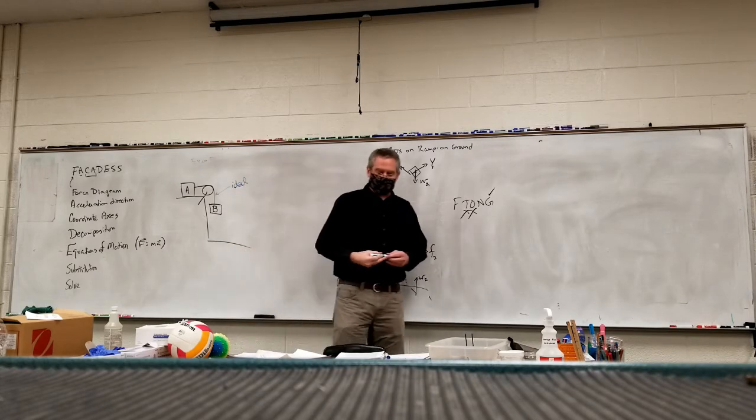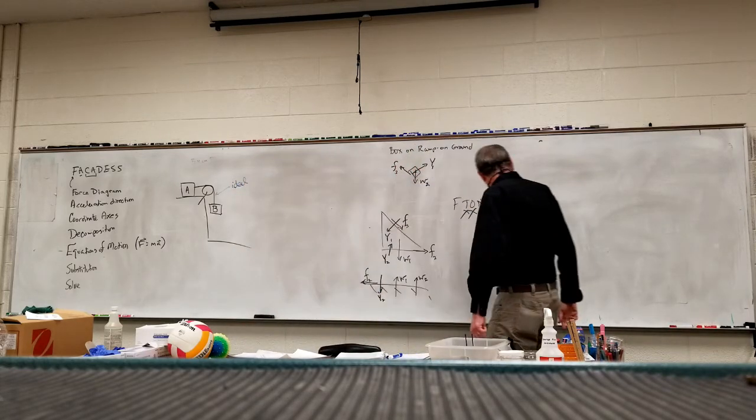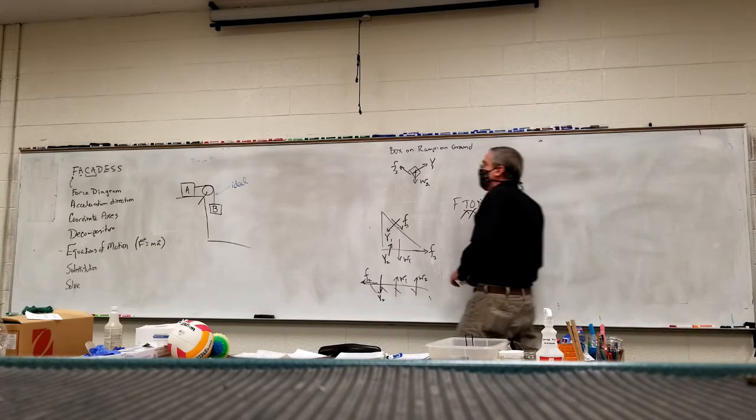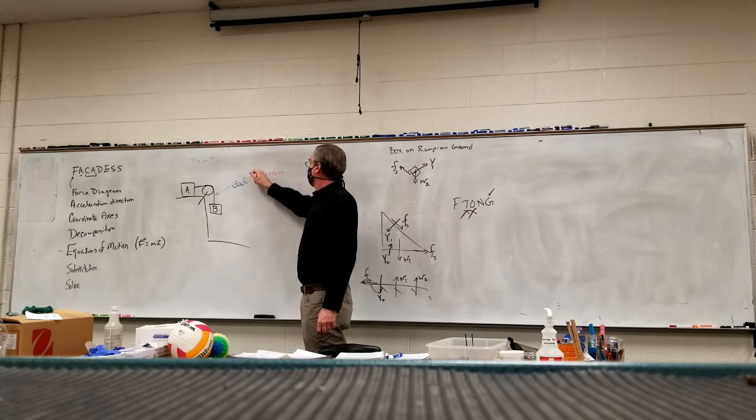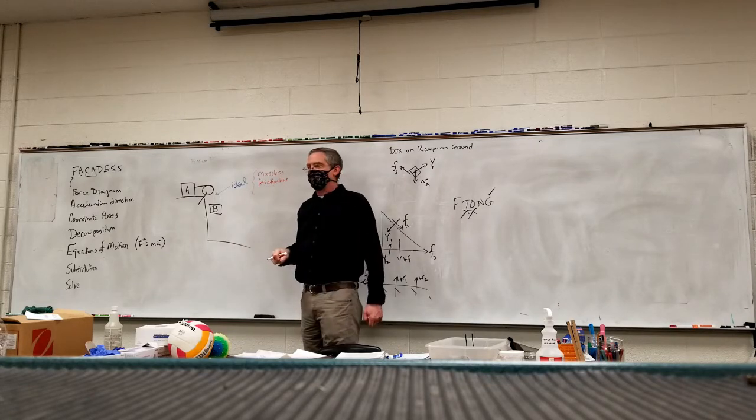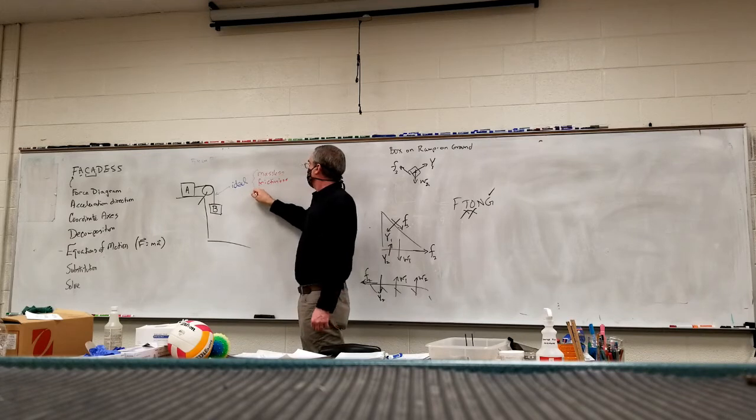Ideal rope has three characteristics. Ideal rope is massless. It is frictionless. And we assume it's somehow magically attached to the box. And it is stretchless.